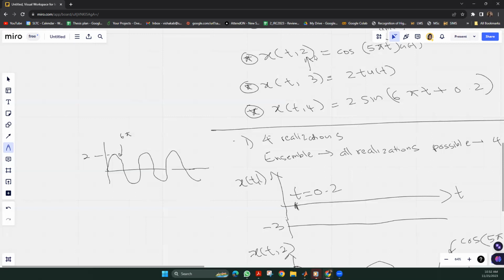However, once we have a certain offset, we have to offset this signal by that specific value. For example, at time equals 0, we have to see what amplitude occurs in this signal. So we substitute t equals 0, which means that at time equals 0, the value of the sine function will be 2 sine 0.2.